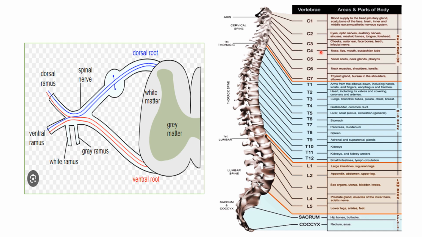And C2 supplies the eyes and optic nerve. If you go through all these, each will carry information from a specific part of the body.